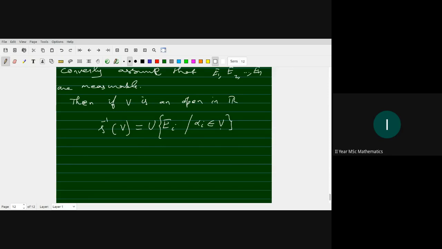If alpha_i belongs to V, then S inverse of alpha_i, that is E_i, is contained in S inverse of V. This varies over i.